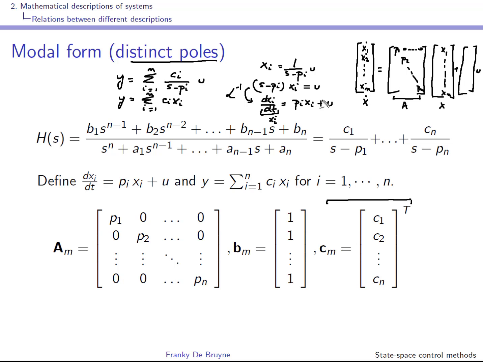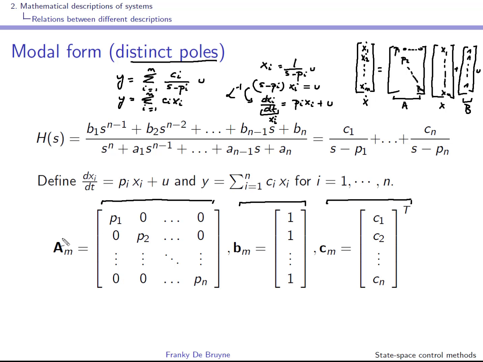Each time I have to add U, so I have a 1. So this is a vector of ones, and this is the B matrix, and so this is indeed how you obtain the B and how we obtain the A.